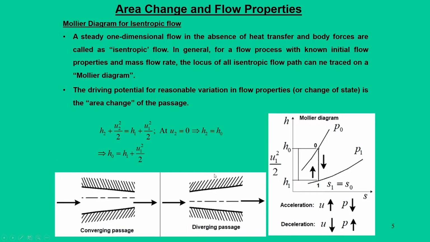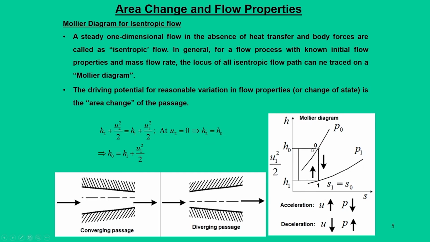Now, let us try to understand this same concept with respect to the Mollier diagram, because most of our analysis is referred to Mollier diagrams in which the flow expands. When a flow expansion takes place from higher pressure to lower pressure, you can use the one dimensional equations where the total enthalpy remains the same at the two locations, and at one particular location the fluid starts with 0 velocity, so the total enthalpy is nothing but the static enthalpy.